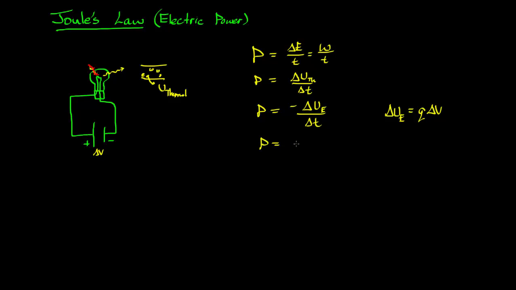If we ignore the sign, we get P is going to be Q delta V over delta T. Then separating these two, power is going to be the charge over delta T times delta V, and the charge per time is what we use to define current. That gets us to our equation for electric power: power is current times potential difference, and the units on those are watts.